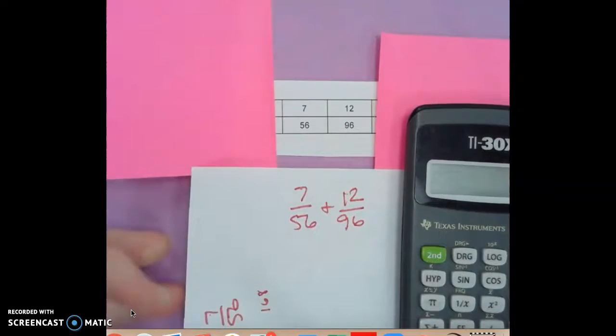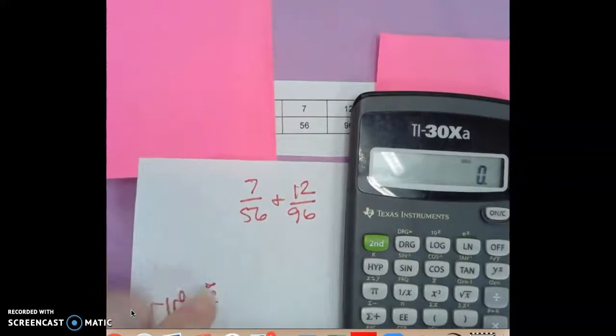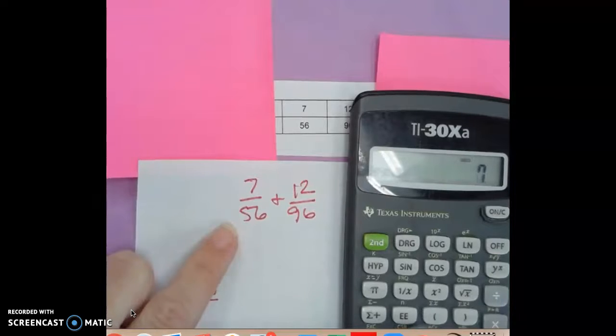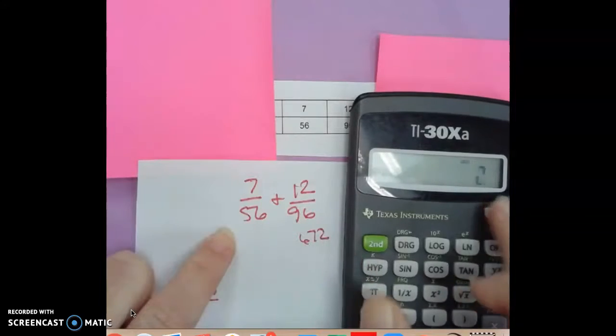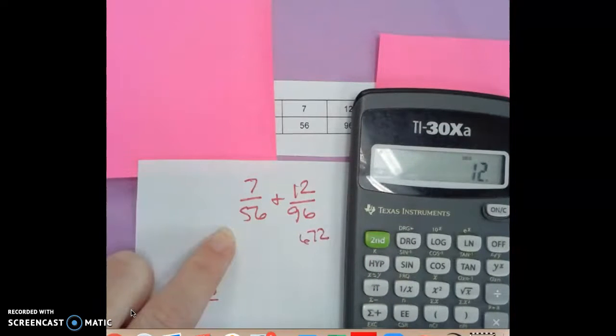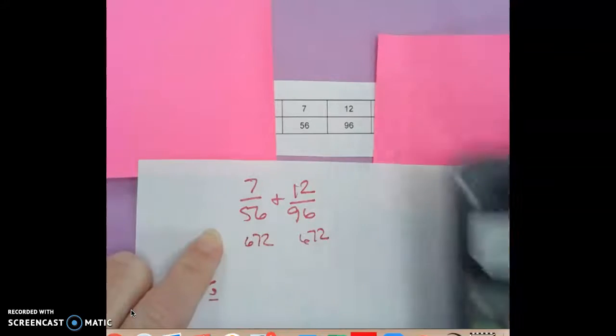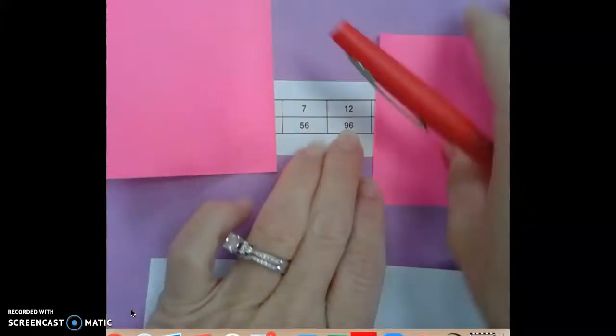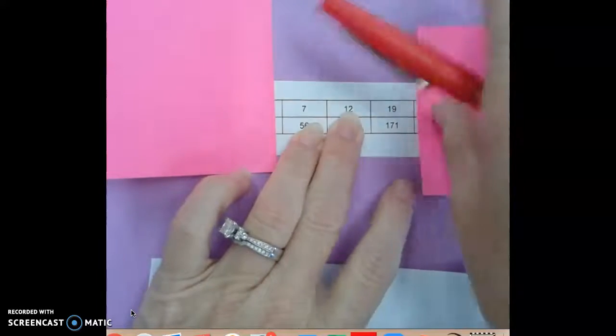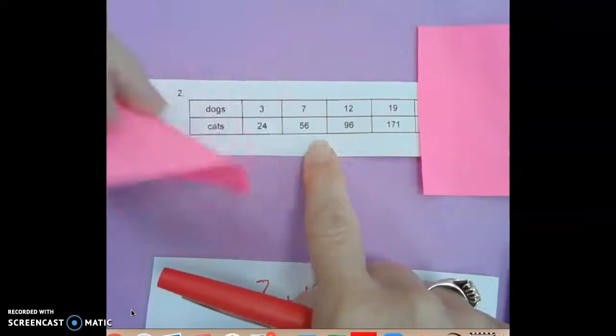I'm going to slide this over so you can see my calculator also. 7 times 96, we got 672, and then 12 times 56, we got 672. So far we are still proportional, but we need to slide over one and check the next one.